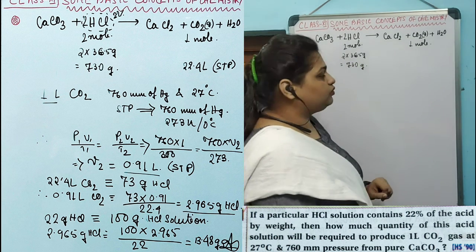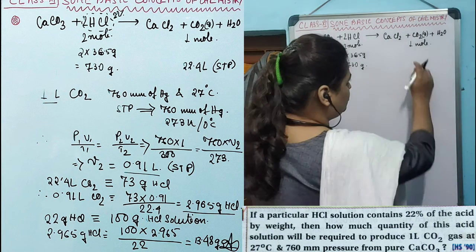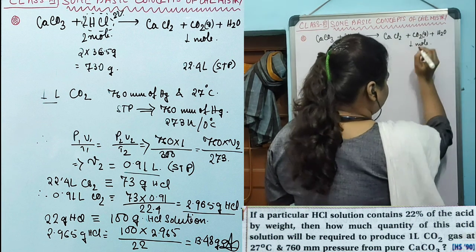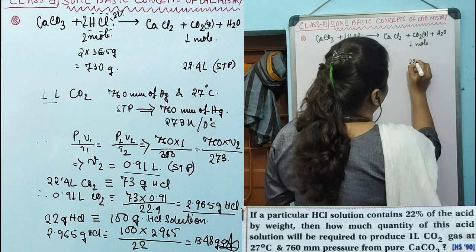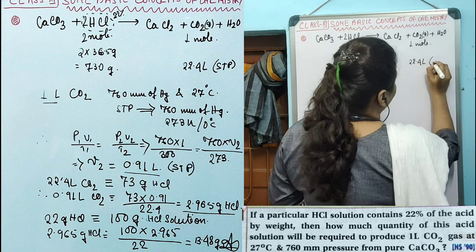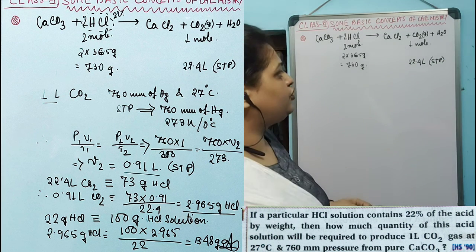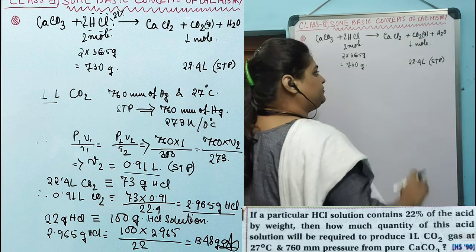When it reacts with 1 mole of calcium carbonate, it will produce 1 mole of CO2. As it is gas, we can say 22.4 liter of CO2 gas will be produced at STP. Now this is the information regarding this chemical reaction.